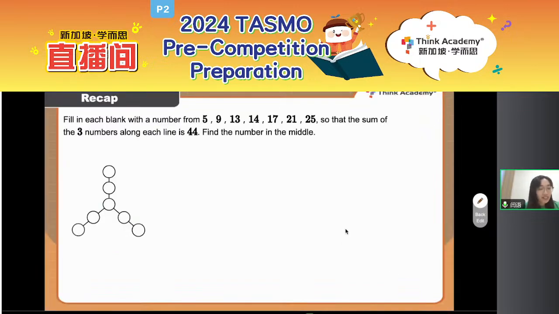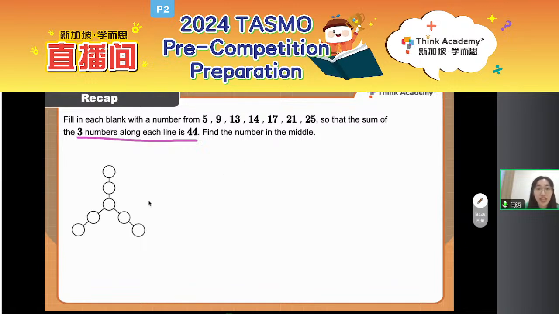Here. Firstly, let's have a look. Before we move on to question 21, firstly, I want to show you an example. Fill each blank with a number from 5, 9, 13, 14, 17, 21, 25, so that the sum of the 3 numbers along each line is 44.